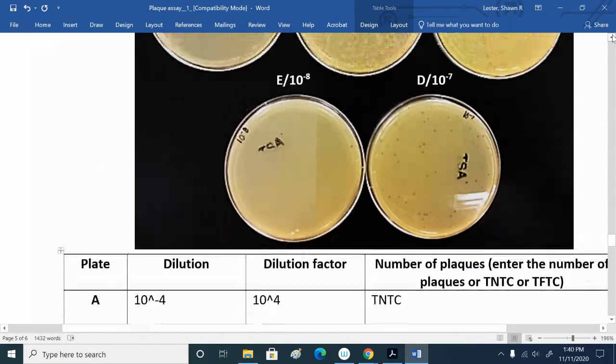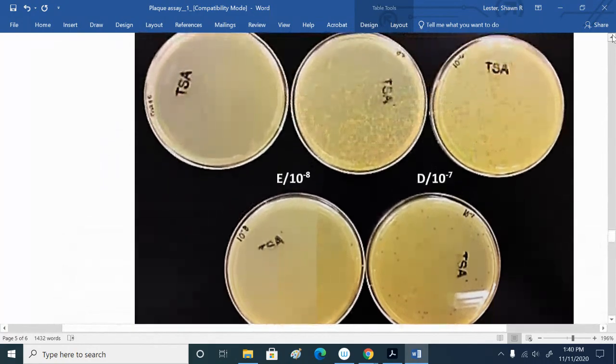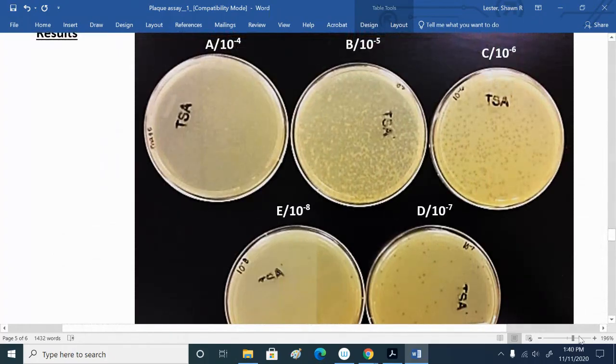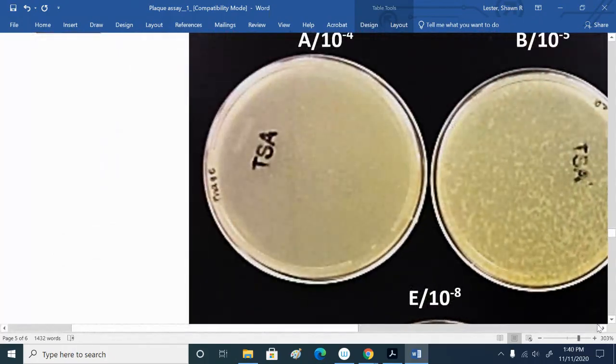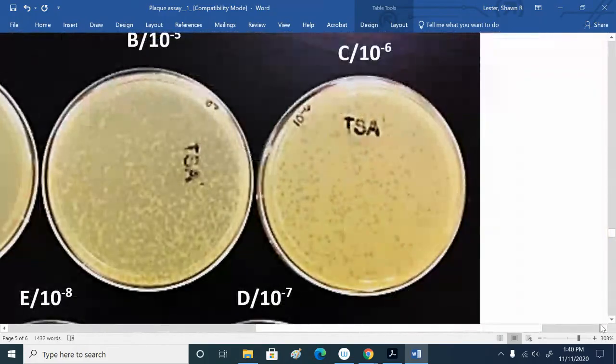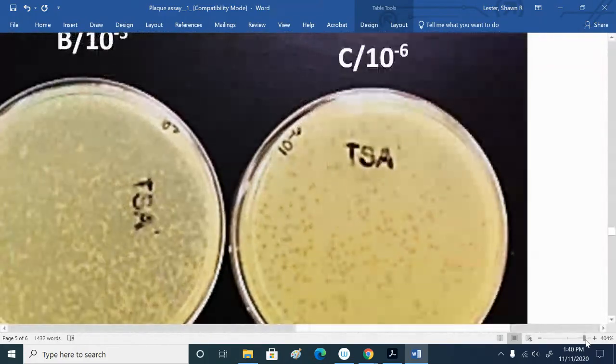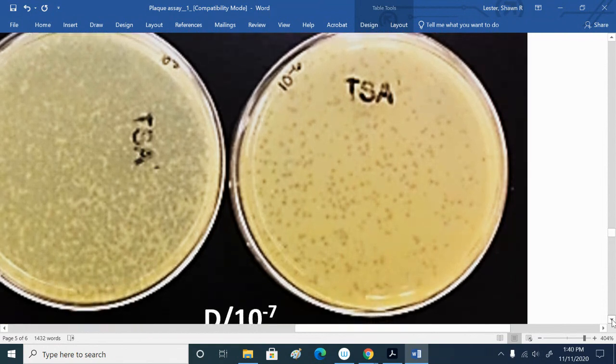For plate C, so guess what you have to do? You have to count. Count each one.